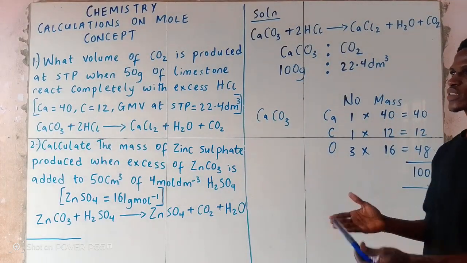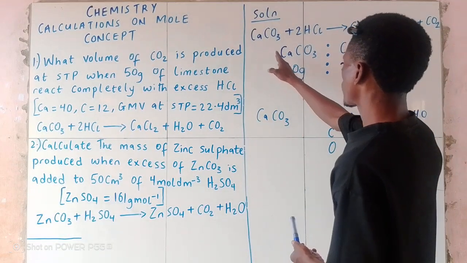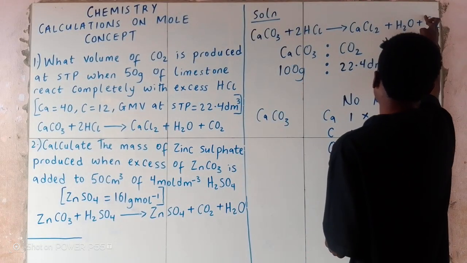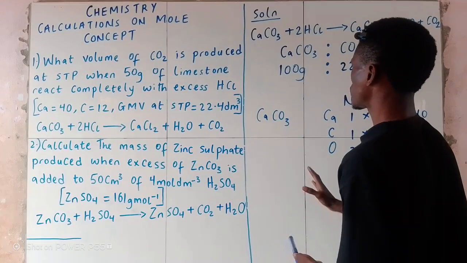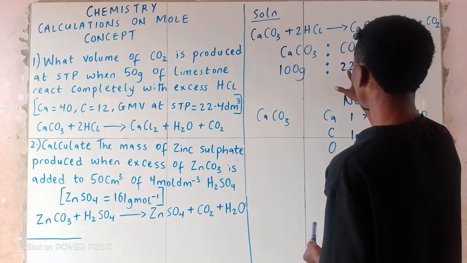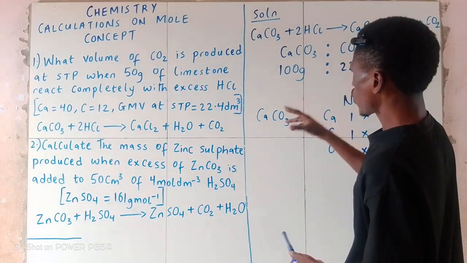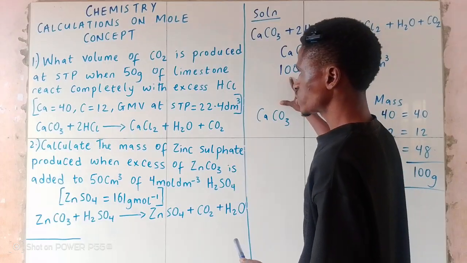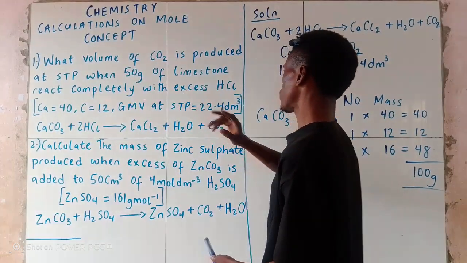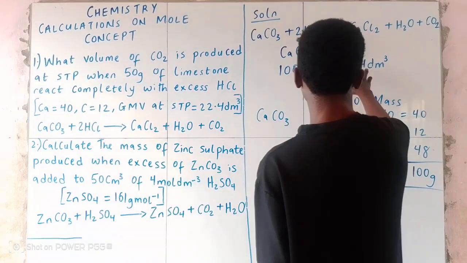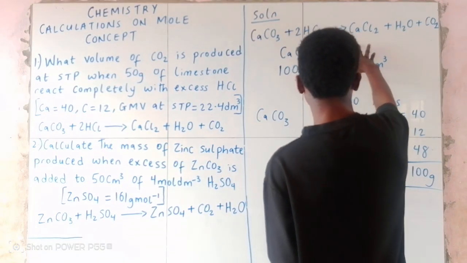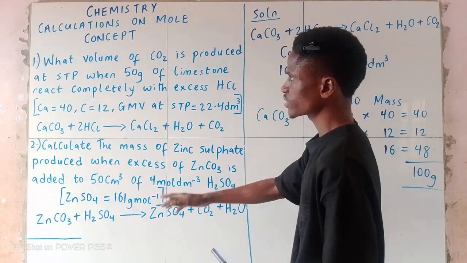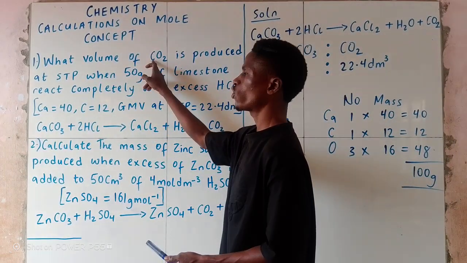So I'm saying that 1 mole of calcium carbonate is used in the reaction to produce 1 mole of carbon dioxide. But in the place of 1 mole, I used 100 gram, because the question says 50 gram of limestone. And in the place of 1 mole for carbon dioxide, I have 22.4 dm3, since the question asks what volume of carbon dioxide.